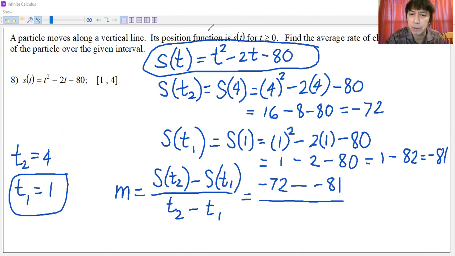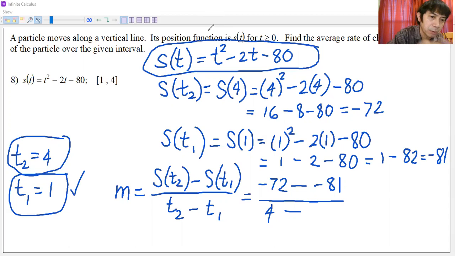And then this is divided by T2. T2 is over here. That's 4. Minus is from the formula. Get your T1. That's a 1. And this is now negative 72. Minus negative becomes plus. You have there 81 over 4 minus 1, that's a 3.